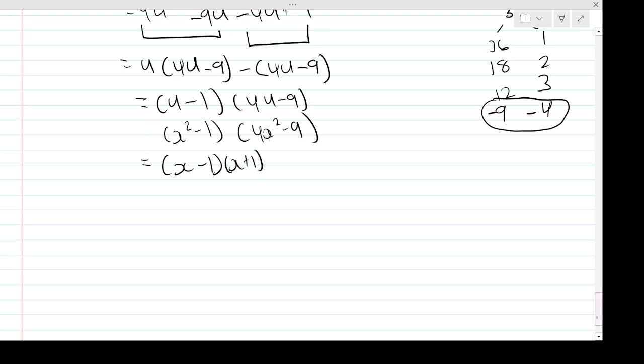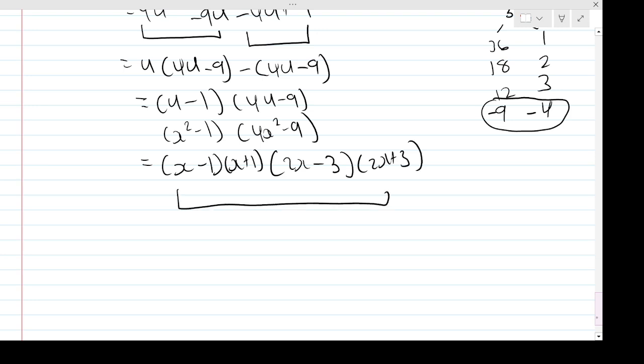Okay? And then likewise for the other bracket, 4x squared minus 9, well, 2x and 3 are the roots, right? The things that square to get 4x squared minus 9. So we're going to again have 2x minus 3, 2x plus 3. Okay? And that is now factorized as fully as possible.